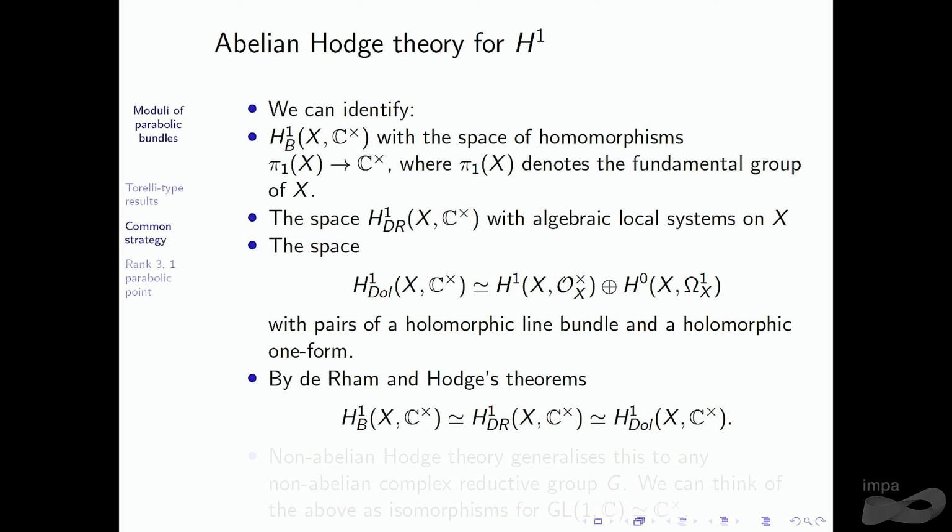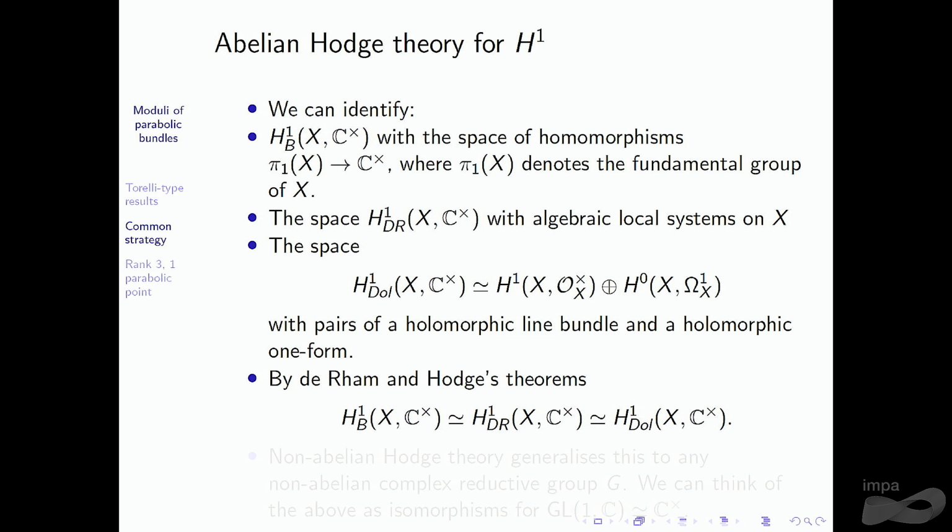So, sorry, H1 Dolbeault is the pairs of holomorphic line bundles and a holomorphic one form. And by de Rham and Hodge's theorems, we have that the Betti cohomology is isomorphic to the de Rham cohomology, is isomorphic to the Dolbeault cohomology. Okay? So all of this, as you should know, is because C star is abelian. Yes?